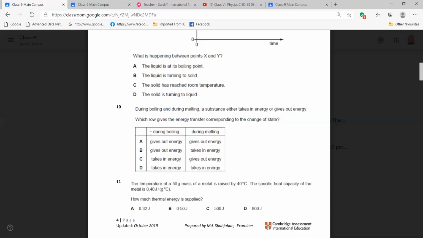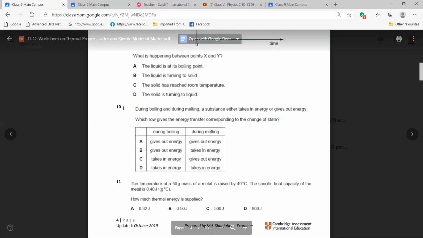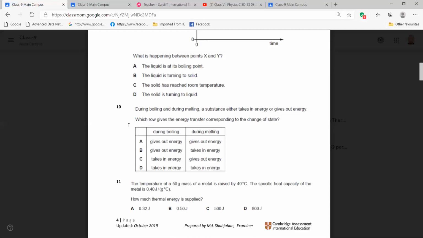Sorry, sir, D. We are giving energy from outside, but the process is taking in energy. They are asking about the process. D will be the answer.